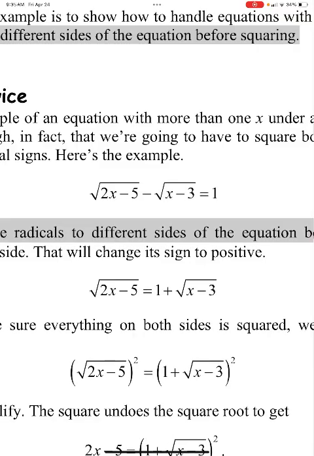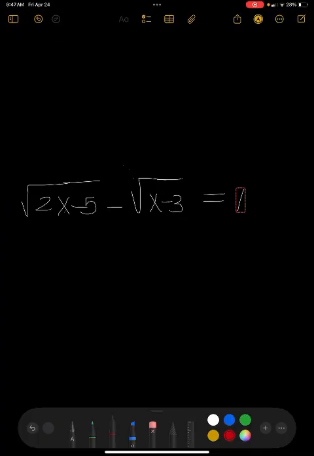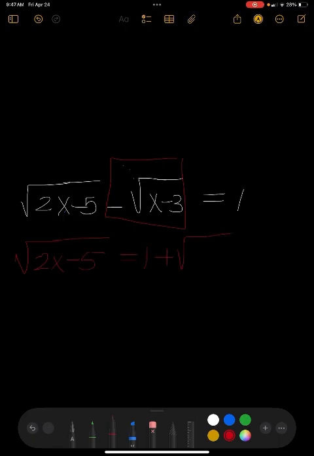You can see there's more to it than the other one had. So we'll bring this whole thing to the other side. So we have square root of 2x minus 5 equals 1 plus square root of x minus 3. Now, if we want to get rid of those radicals, we have to square both sides. So this is just going to end up being 2x minus 5. And then on this side, I'm going to write it out so we can FOIL it.